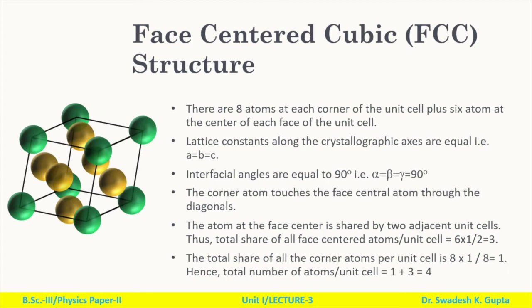Coming to the face centered cubic structure, the so-called FCC structure, it has 8 atoms in the corners and 6 atoms in the center of each face. Here also the lattice constants are equal, and the interfacial angles are equal to 90 degrees.